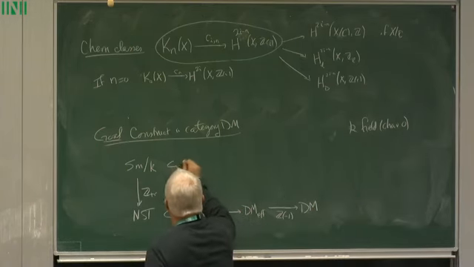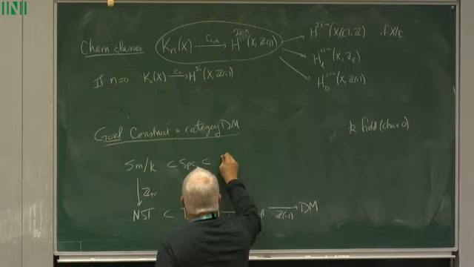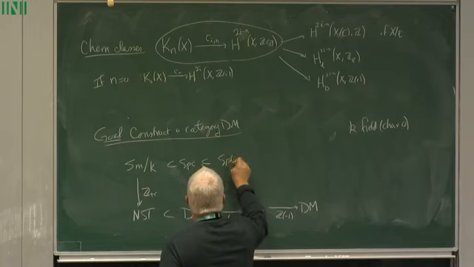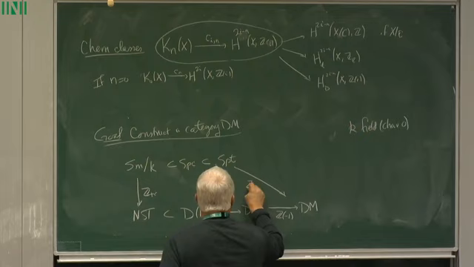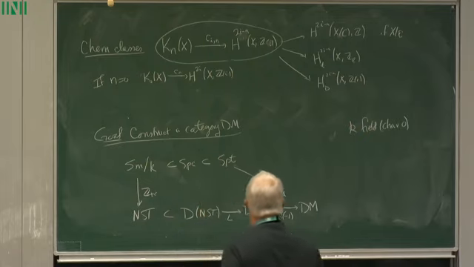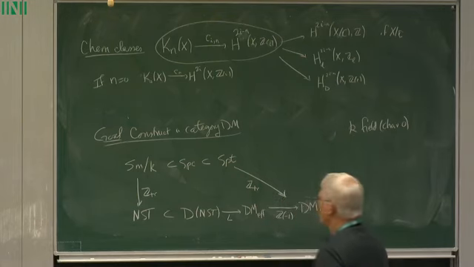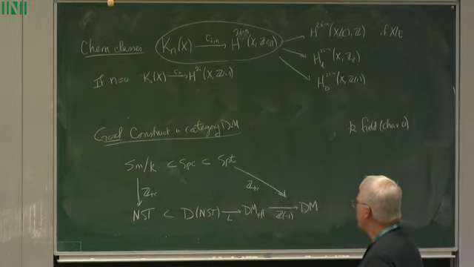Now what I can also do is go to spaces, and I can go to spectra, and there's a functor which goes from here to here. That effectively is the functor that Vesna talked about.